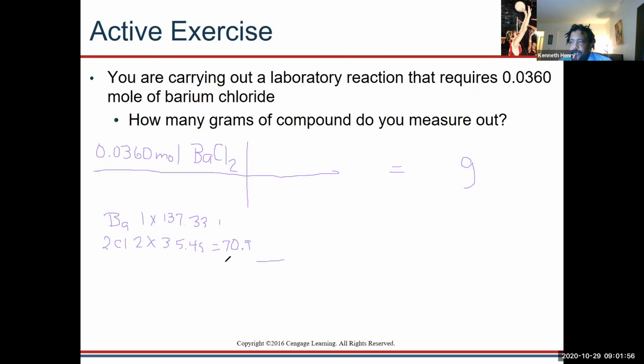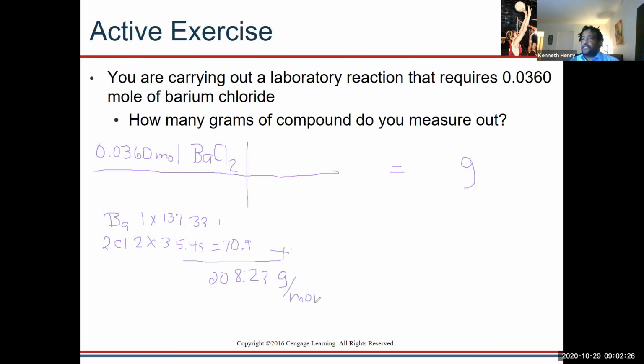If we add that together, we get 208.23, and the units are grams per mole.